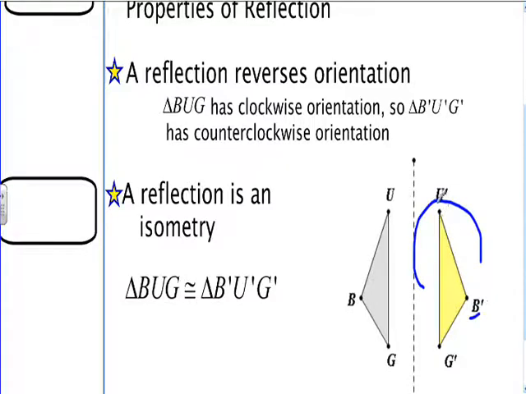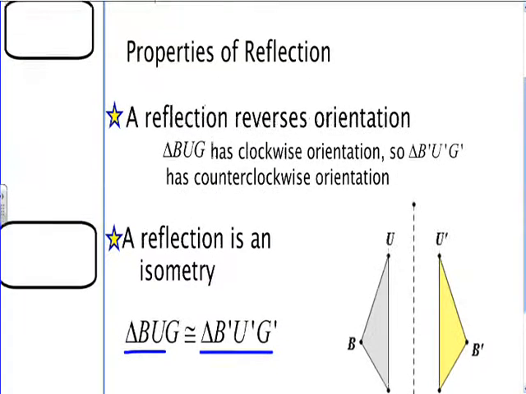If I start at B prime, to get to U prime, I have to go in the counterclockwise direction. So we say that it reverses the orientation whenever we have a reflection. That's one of the properties. Another property of a reflection is that it is in fact an isometry. All of this means is that triangle BUG is exactly congruent to triangle B prime, U prime, G prime.